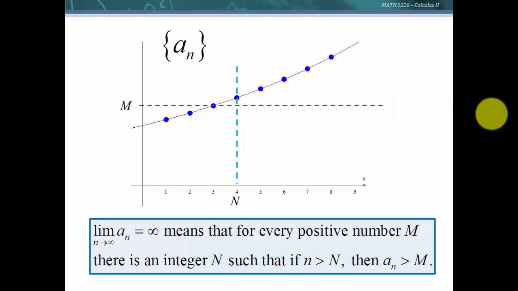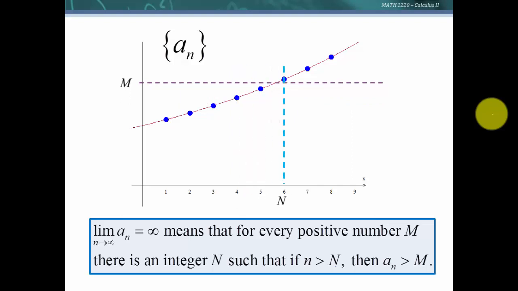So if I'm trying to find a limit for this sequence, no matter what I do, if I choose m to be higher than that, then say, okay, let's move it up here then. Well, then I can move an n over so that as long as I pick a sequential term that is to the right of this, so larger than capital N, I will be above. So that's what it means to diverge.